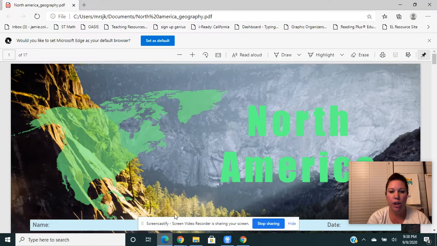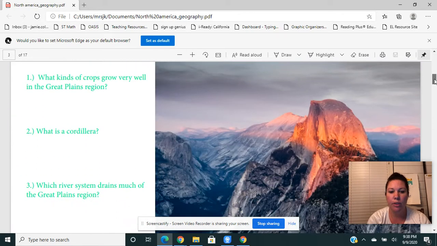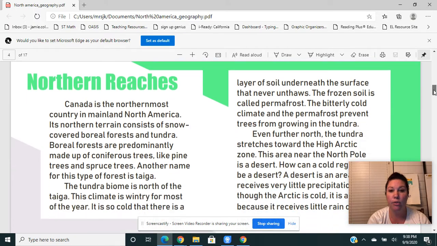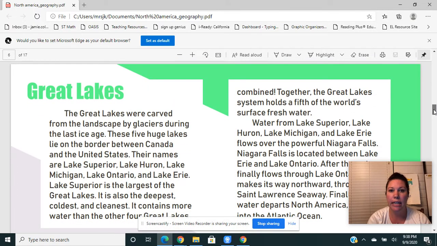As you guys already know, we have read our North America article. Our North America article gave us lots of different geography points about North America, which includes Canada as well as the United States. We talked about the physical geography. We read about the northern reaches. We read about the Great Lakes.